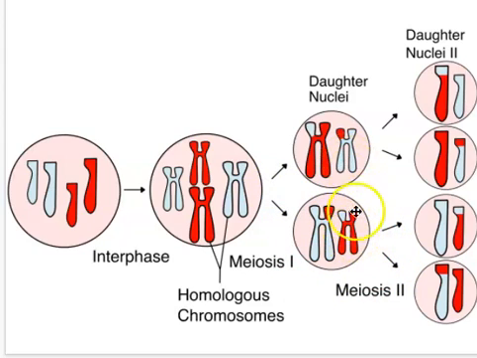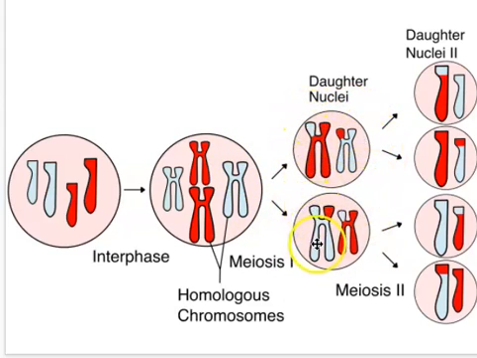So you've separated the homologous pair. That means you no longer have two sets, one given to you by mom and one given to you by dad. You have separated them and randomly assorted some homologous chromosomes to one side and the other pair to the other side. You've randomly assorted that to these new daughter cells.